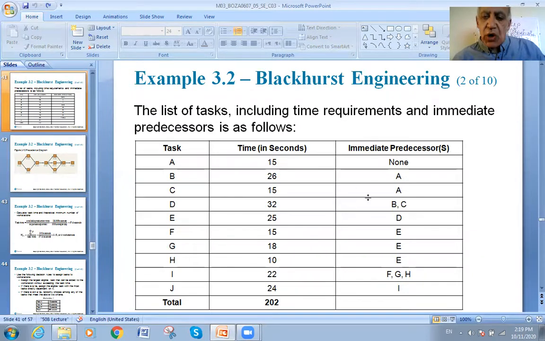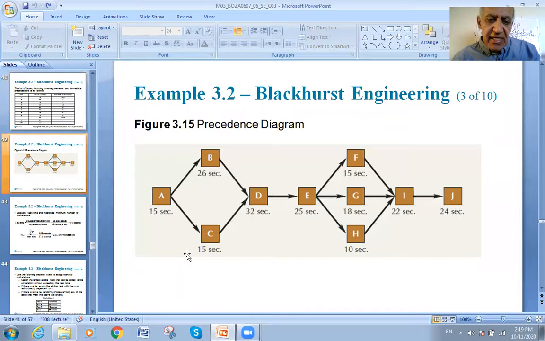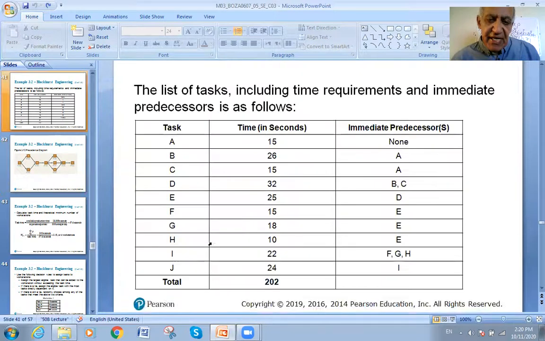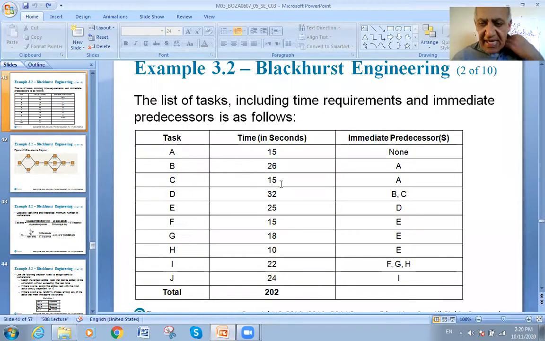But C also has a predecessor. The one before C is A. Then here I will make a new square and write down C, and C is 15 seconds.